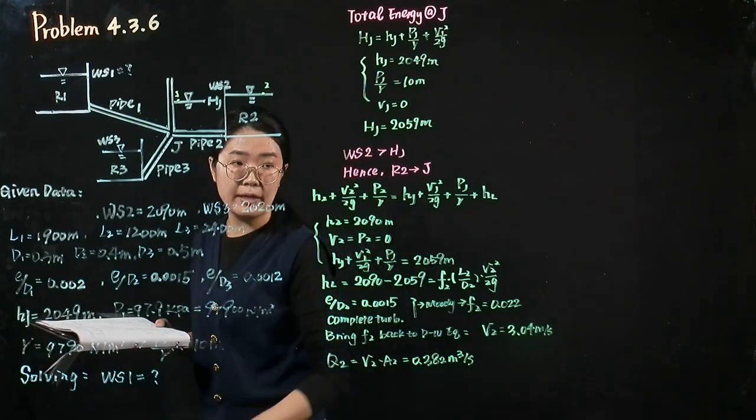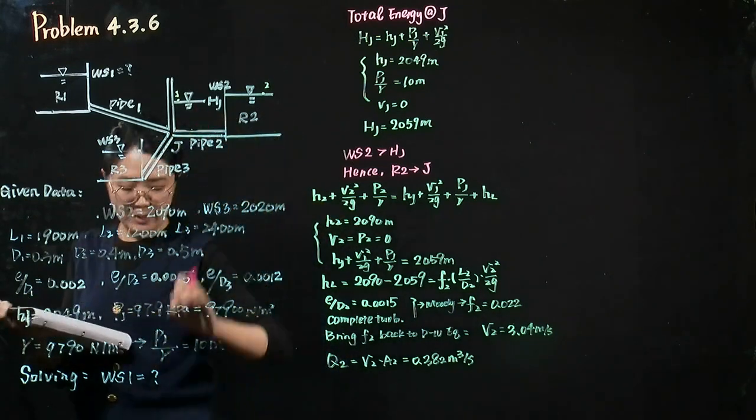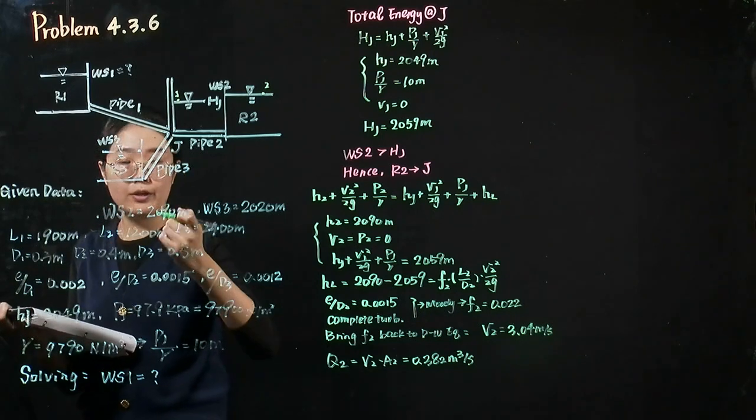Then let's take a look at point J and the reservoir 3.